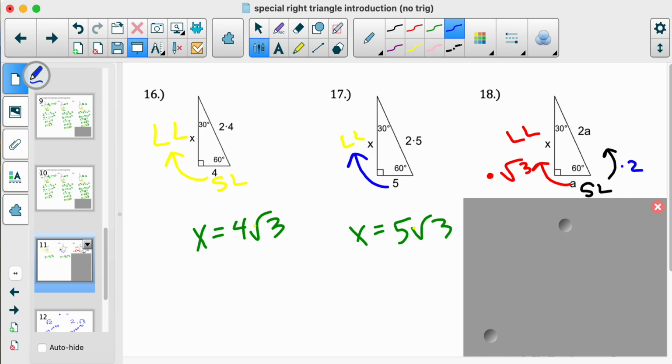So what is unique about these 45, 45, 90 and the 30, 60, 90 is that you can determine the other two legs with only one side length because we don't have to use the Pythagorean theorem.